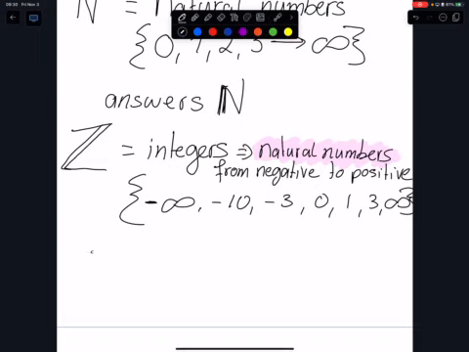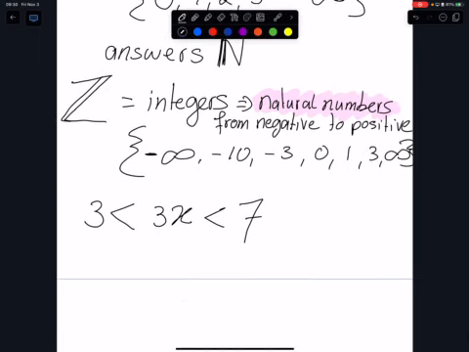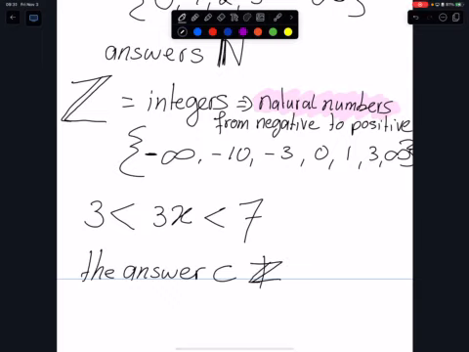They can give you an exercise like this, and they say the answer is an element, let's say, of the set of integers.